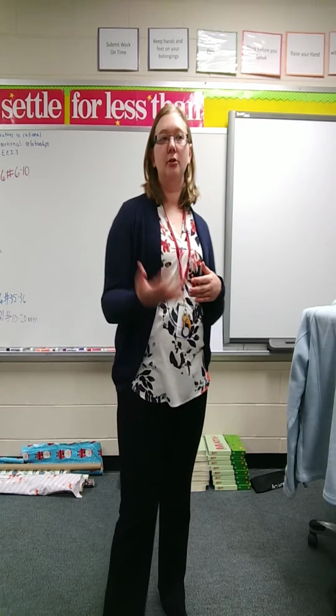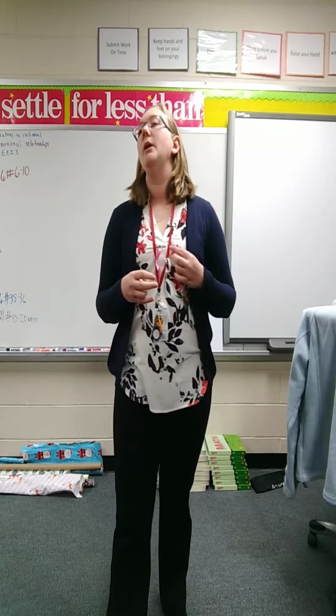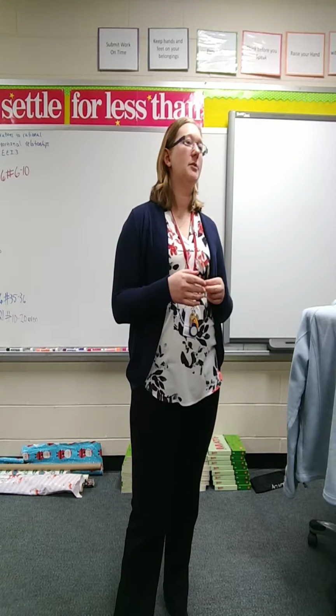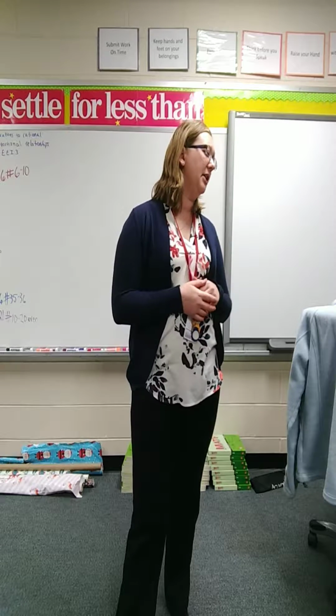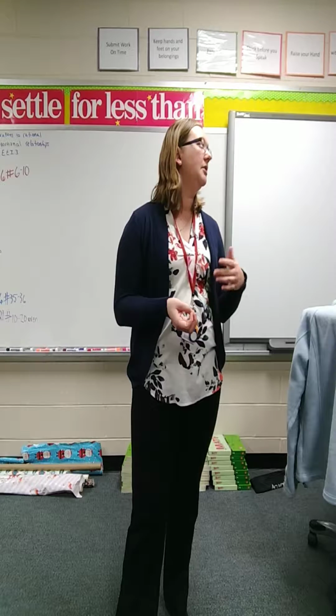We know what a proportion looks like. We know that it's 2 fractions that are set equal to each other. We know that cross-multiplying says that you multiply a numerator times the opposite denominator, and you set those equal to each other. So let's go ahead and look at a couple examples to see what we're going to do.